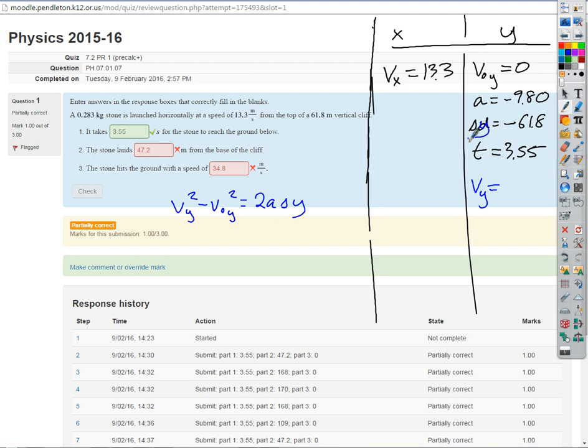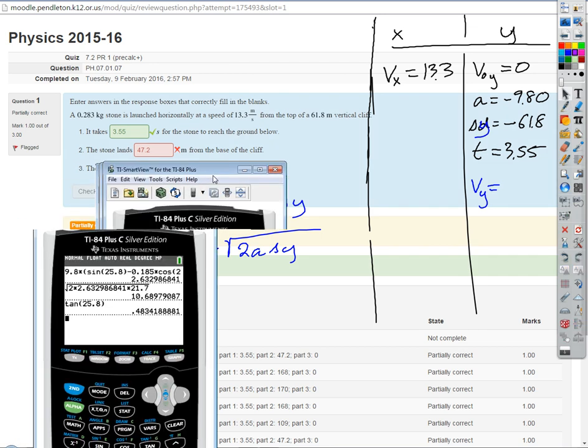Does that make sense why we call it y this time? Because it actually is vertical, so might as well call it y. And so V naught y is 0, so V sub y is just the square root of 2a delta y, which we can calculate. That's how you find the vertical component.